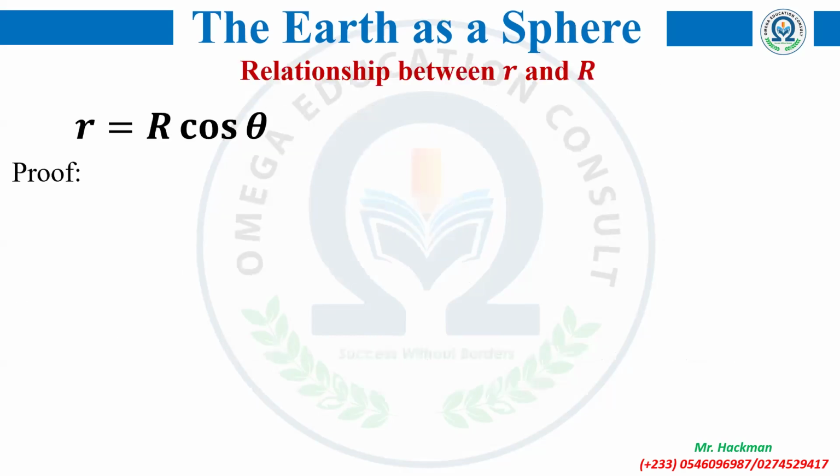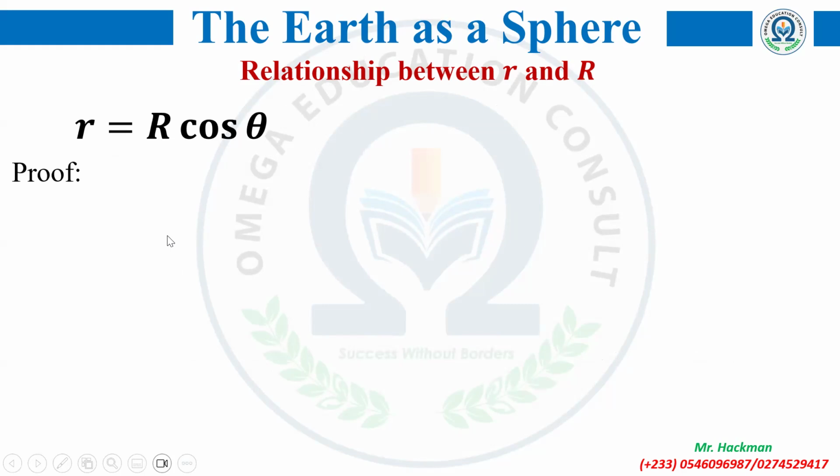All right. So quickly, let's look at the relationship between your capital R and the small r, that is the radius of a great circle and the radius of a small circle. The radius of a small circle can always be stated in terms of the big circle, which is the great circle, and that will be big R cos theta.